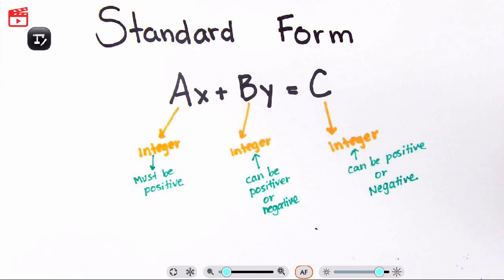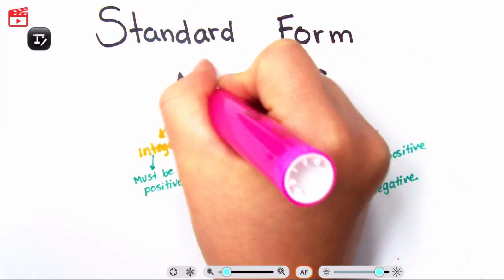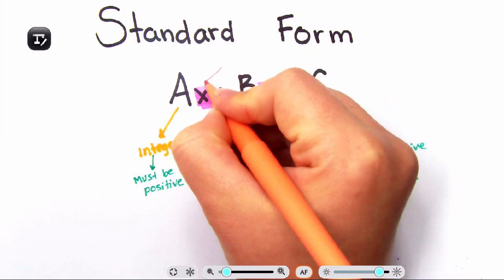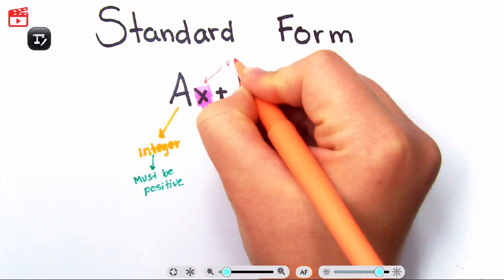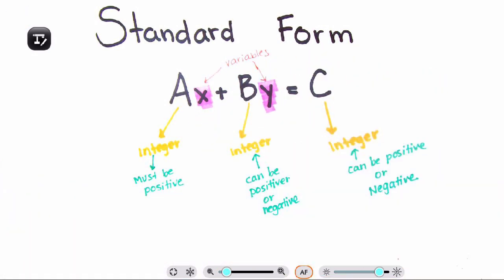B is attached to Y, and X is attached to A. These two are your variables. So this is your standard X and your standard Y. These are your variables. Again, standard X and Y.